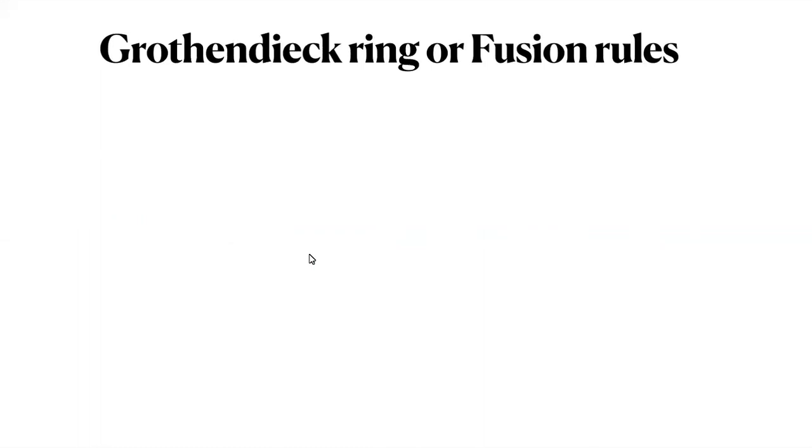Okay, so Cesar, I already have a question. Yes, please. So, you know, when you have a two-cocycle, in the process of gauging, you can use that to change a G-crossed braided category. Would that be the same thing?